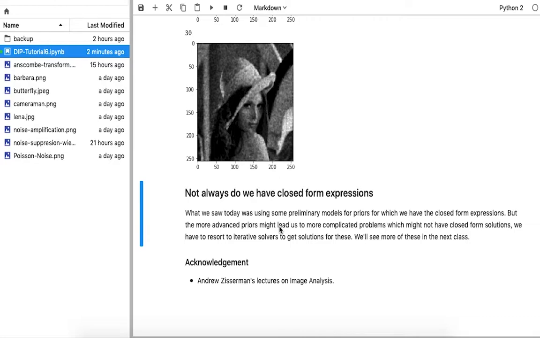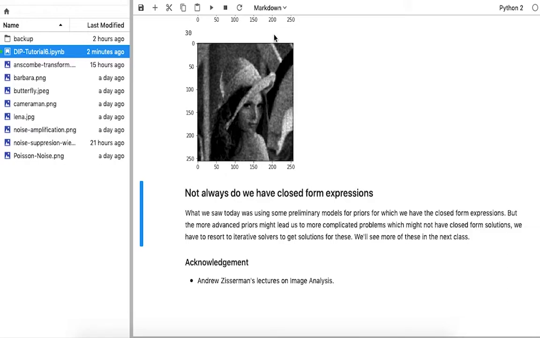In the future classes we'll look at one such example, like how to induce sparsity on an image, or rather on a patch. Let's say you have this image, you break it into patches, and you say that each patch is built from a dictionary of atoms. Each patch is a linear combination of a certain number of atoms, and apparently it's a really good prior.